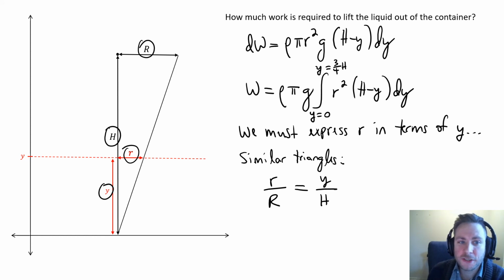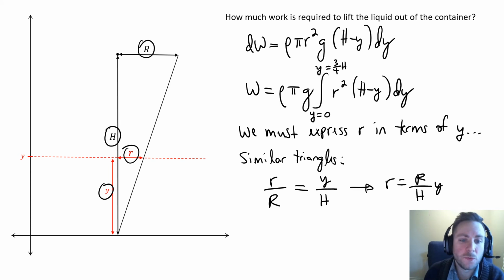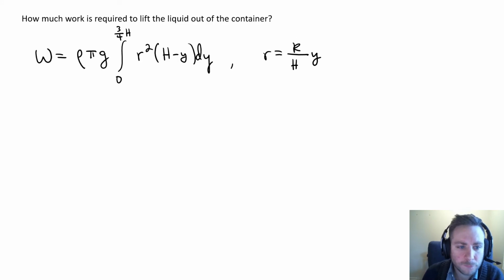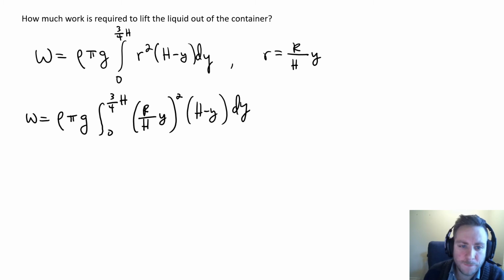This establishes a relationship between r and y, and with a bit of basic algebra, we can solve that to get r in terms of y, which is what we wanted. So next, we're going to plug in this expression for lowercase r into our work formula, which gives us this result. And now that y is the only variable, we're ready to calculate this integral.